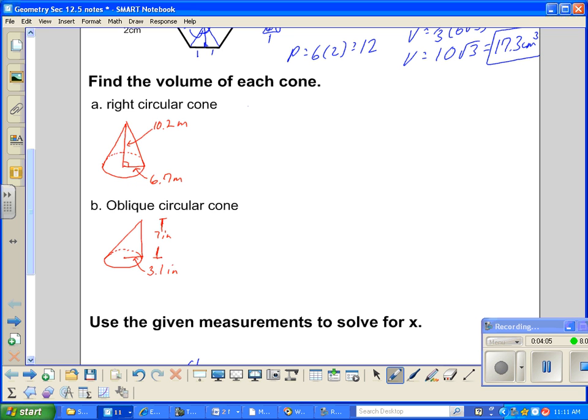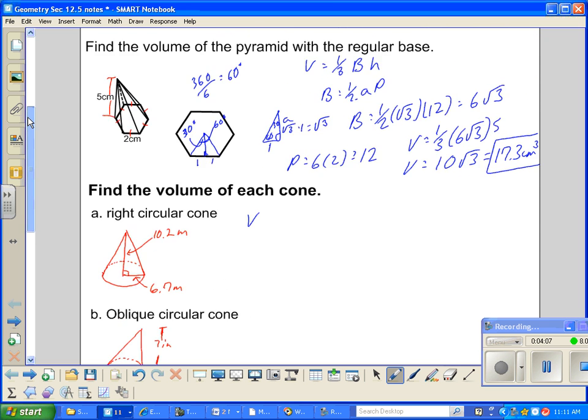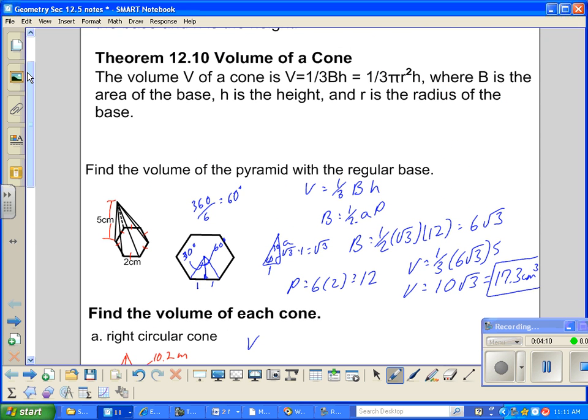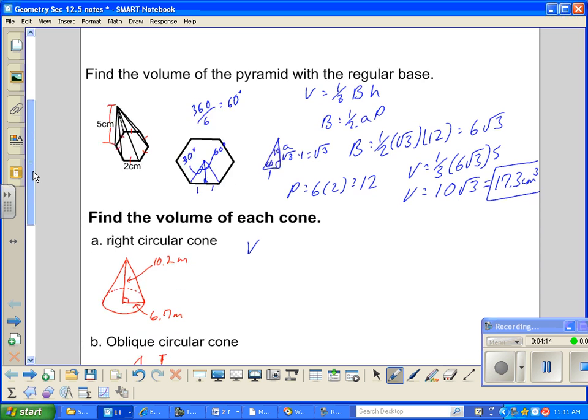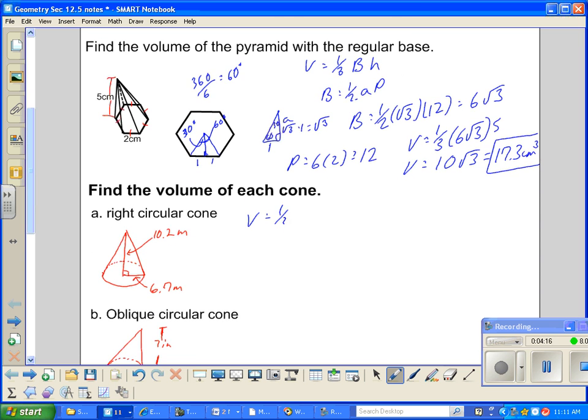And so volume, once again, coming up from the volume of a cone, we're using 1/3 pi r squared h. So all we've got to do here is plug in the appropriate values. So volume's 1/3 of pi times the radius squared, 6.7 squared, times the height of 10.2.